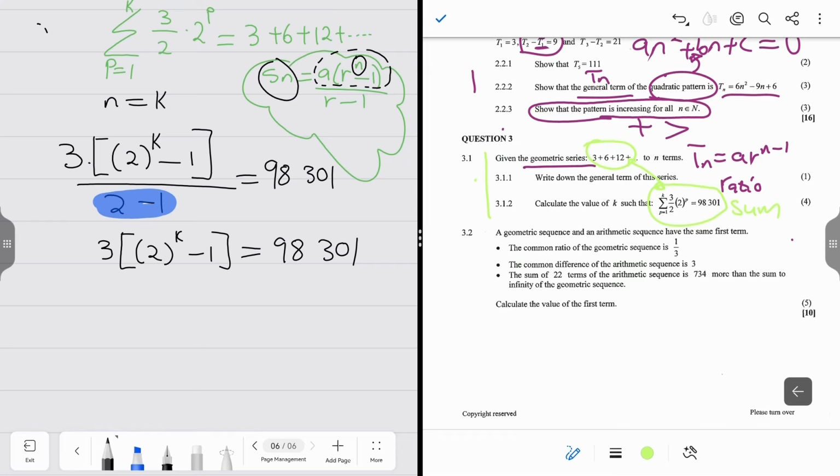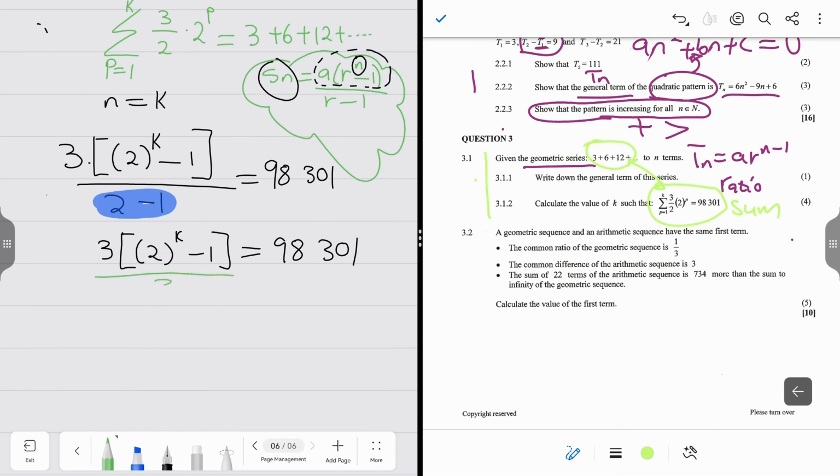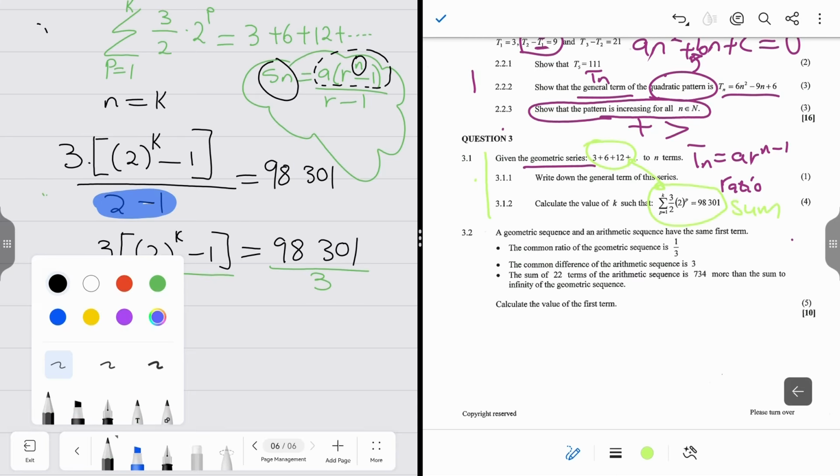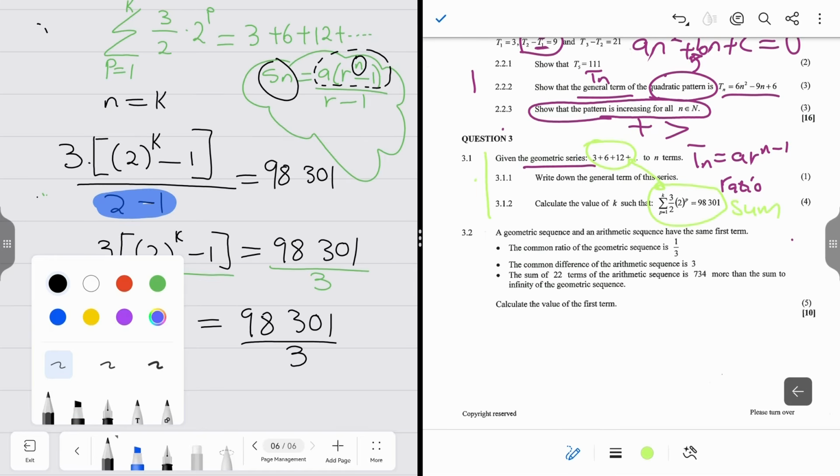If I divide this by 3, I'll have to divide the other side by 3 too. I'm going to remain with 2 to the exponent k minus 1, which equals 98,301 divided by 3.